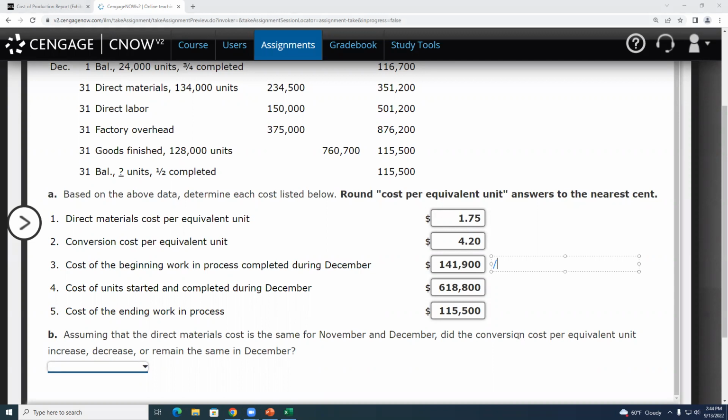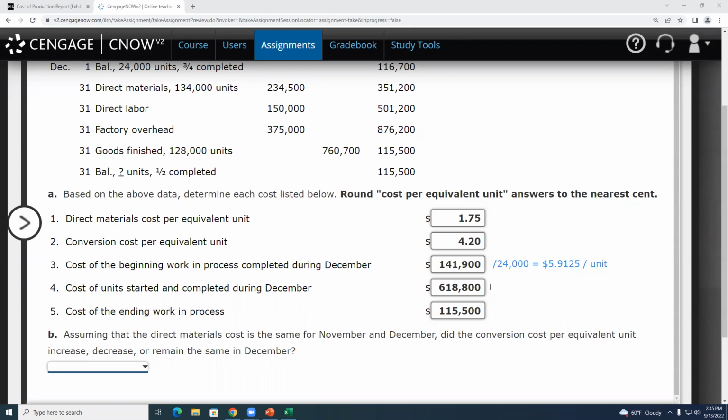So $141,900 divided by 24,000 units is $5.9125 per unit.